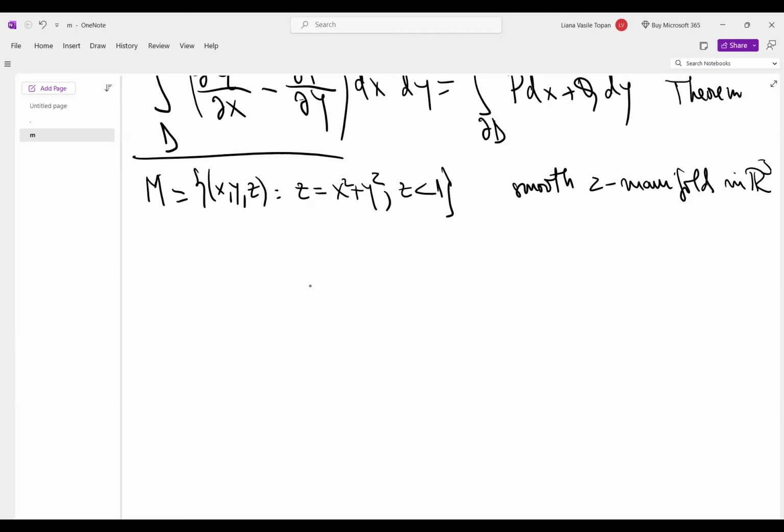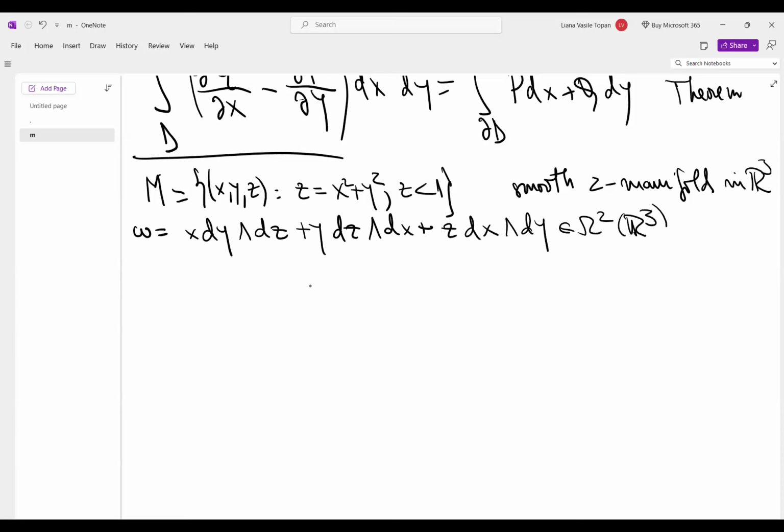And then let's take the following form: x dy wedge dz plus y dz wedge dx plus z dx wedge dy, which is a two form on R cube.